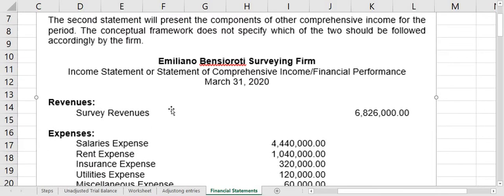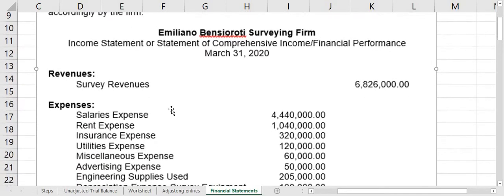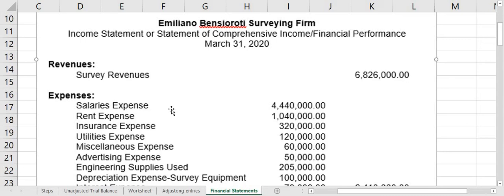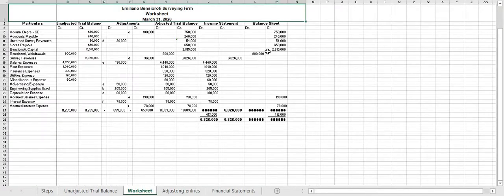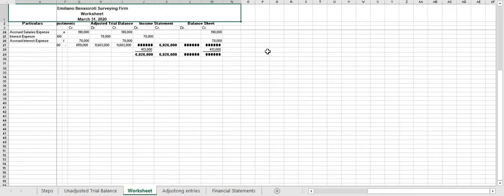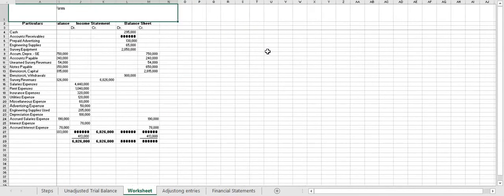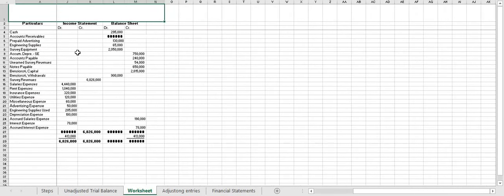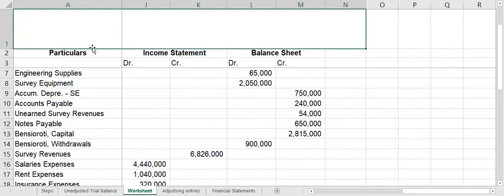So here is our example. Here is our income statement of Emiliano Benciorate Serving Firm. So for March 31, 2020. So based sa ating nagawang worksheet, okay, transfer lang natin into the financial statement na talaga.